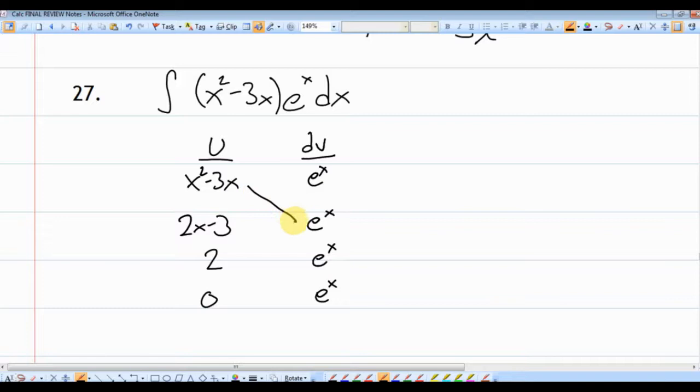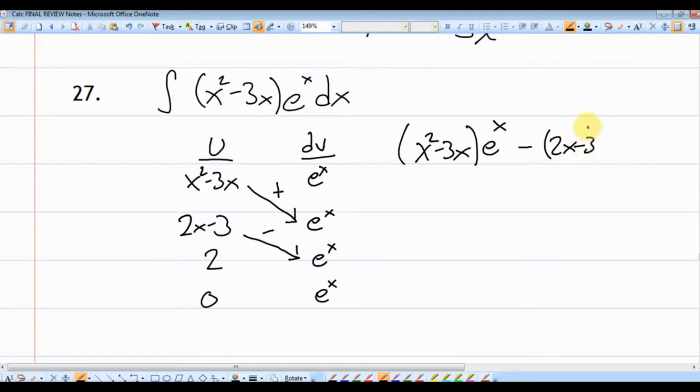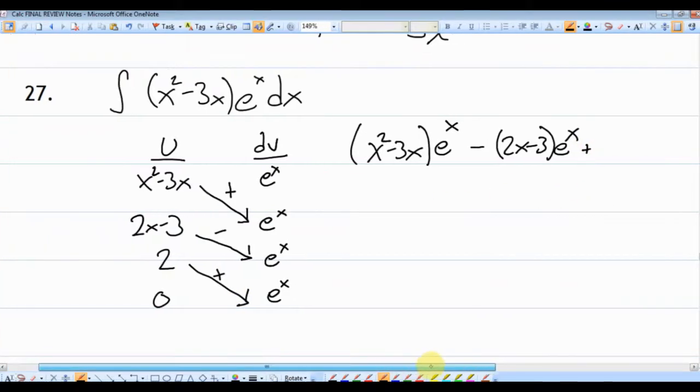All right. First one, x squared minus 3x, e to the x. Minus, 2x minus 3, e to the x. Plus 2e to the x.